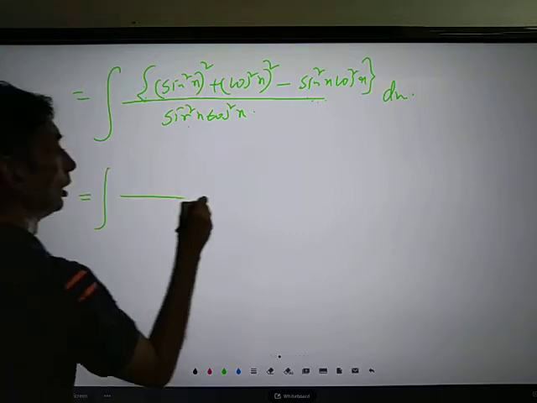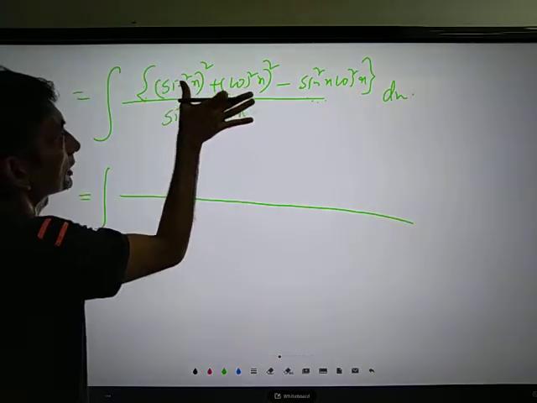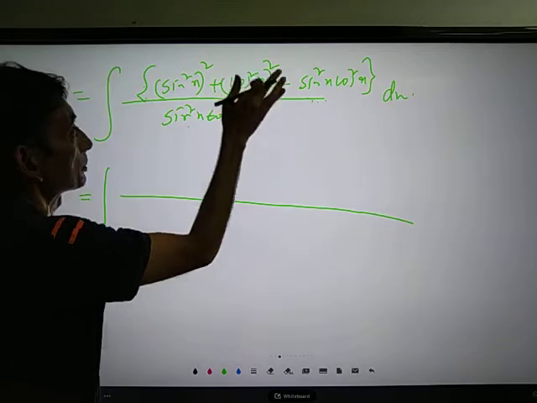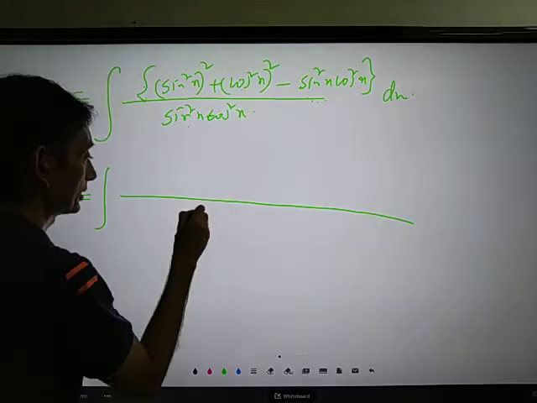Now, sin square x plus cos square x, that means a square plus b square, we'll be using that formula for this.